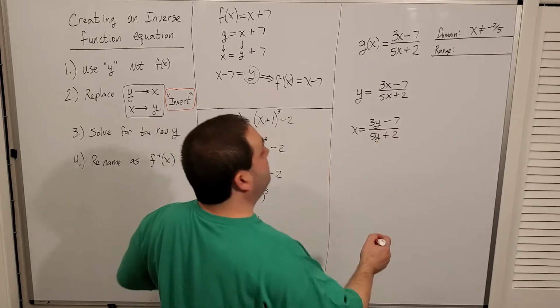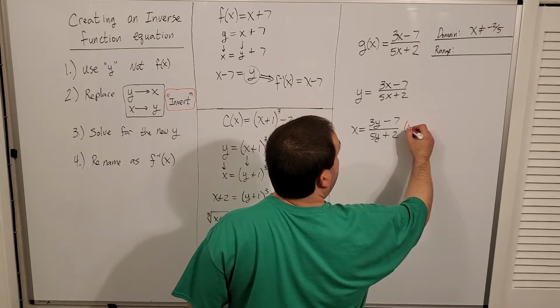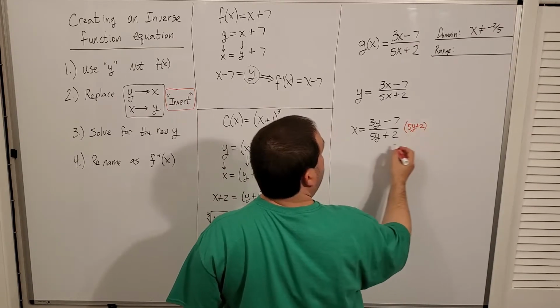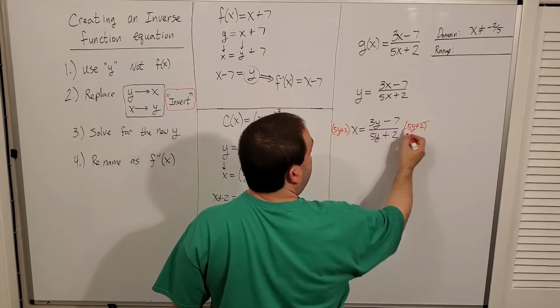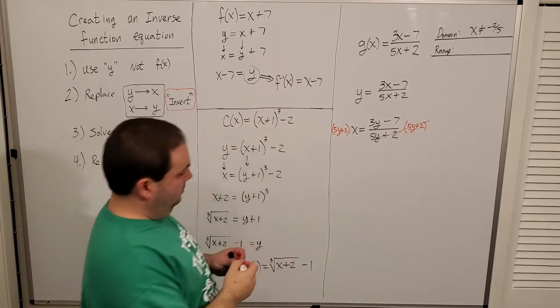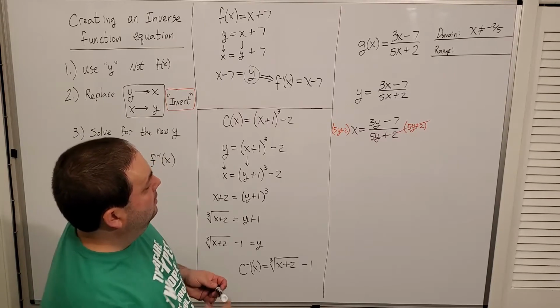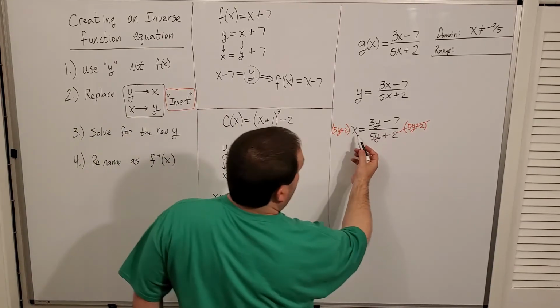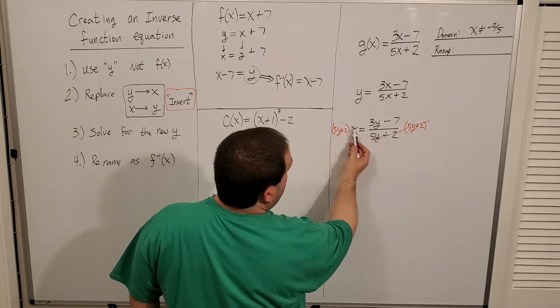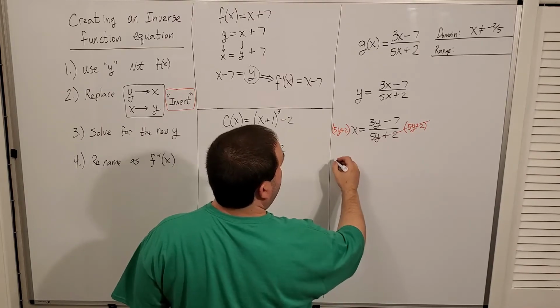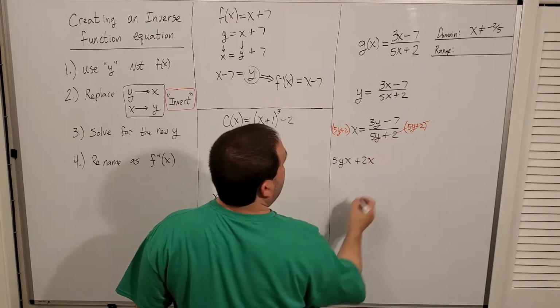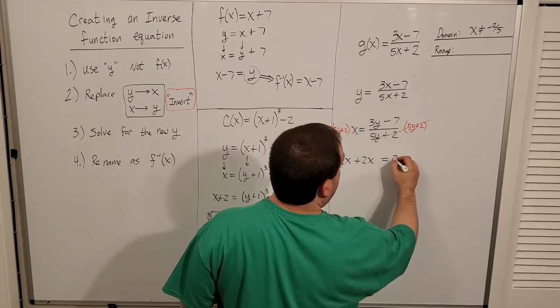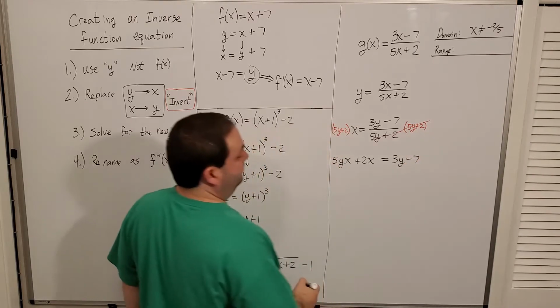I'm going to multiply both sides by the 5y plus 2. Nice. So here, what I'll do is I'll multiply x times the 5y plus 2. That will give me 5yx plus 2x is equal to 3y minus 7.